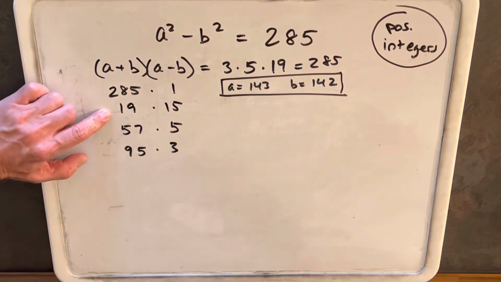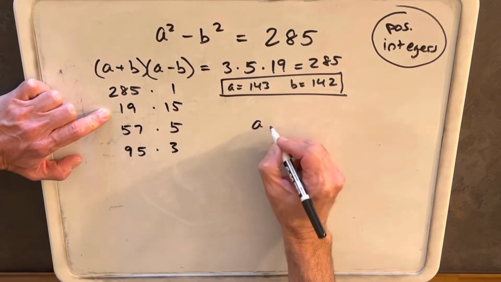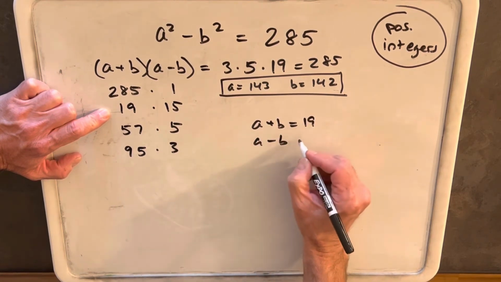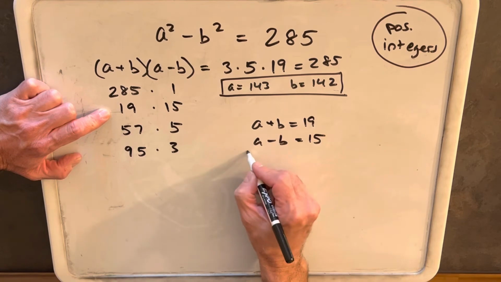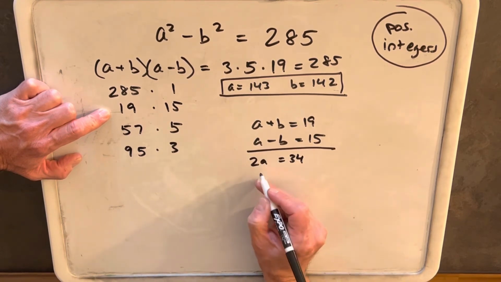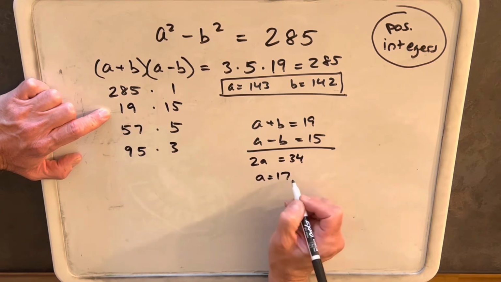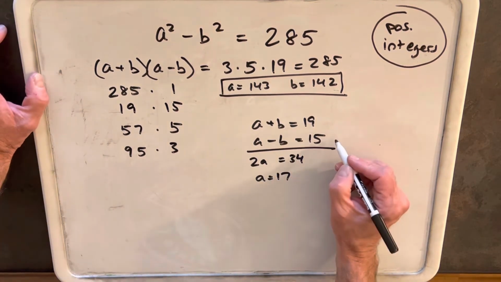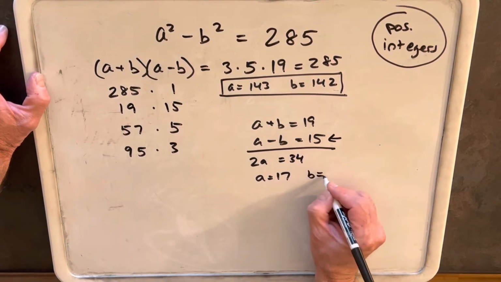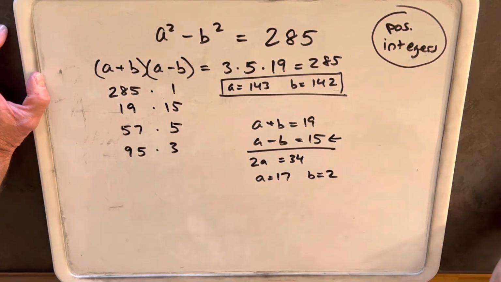Next, we'll repeat the process with 19 and 15. So we're saying a plus b equals 19, a minus b equals 15. Adding these two together, 2a equals 34, so therefore a equals 17. Then looking at this equation, for this to be 15, b must be 2, and that'll be our second answer.